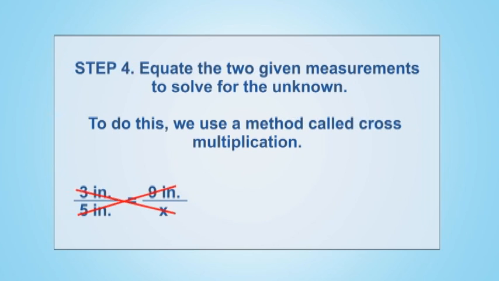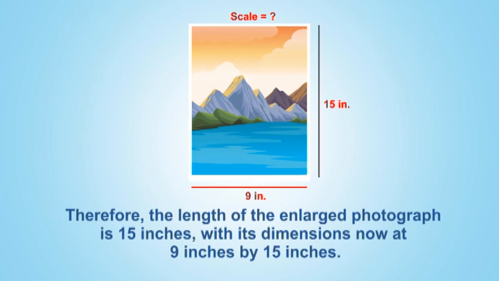We then multiply 3 by x and 5 by 9 to get the equation 3x equals 5 times 9 inches. After dividing both sides by 3, we get x equals 15 inches. Therefore, the length of the enlarged photograph is 15 inches with its dimensions now at 9 inches by 15 inches.